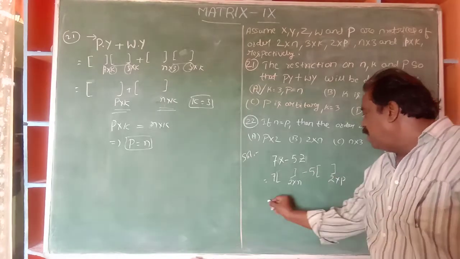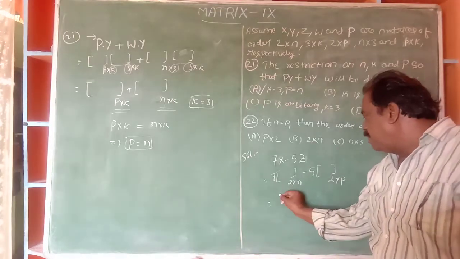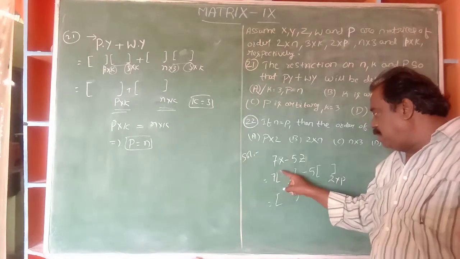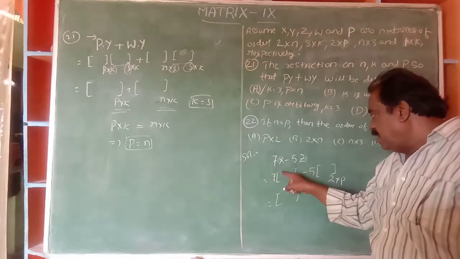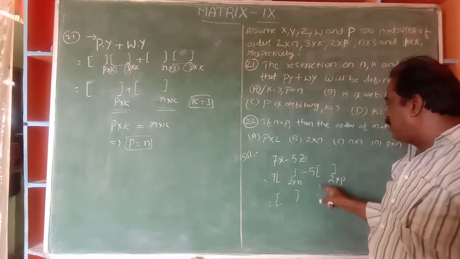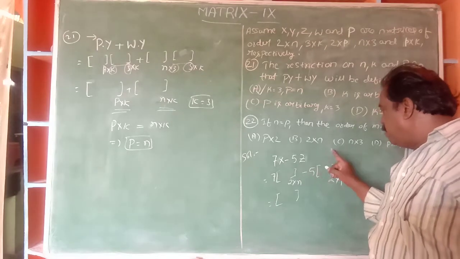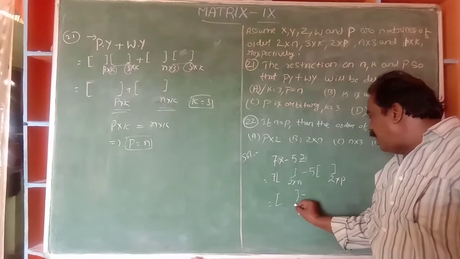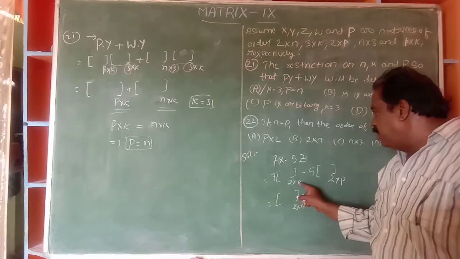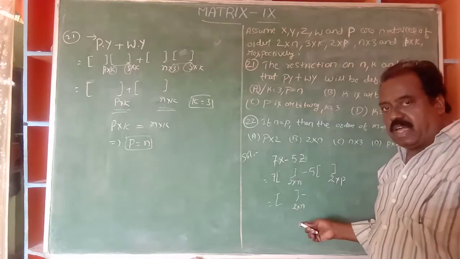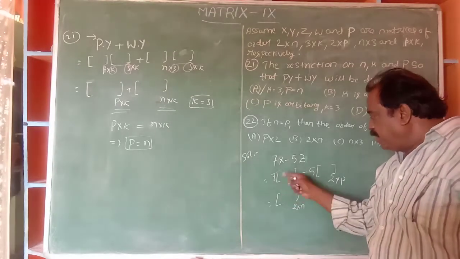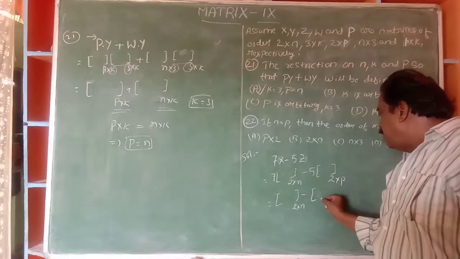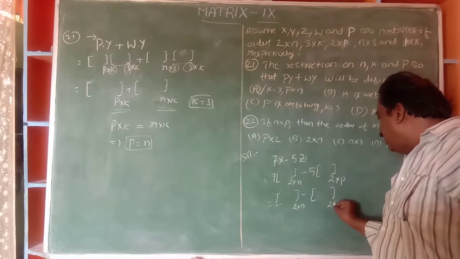This means 7 is multiplied with each and every element of the first matrix x, and 5 is multiplied with each and every element of the z matrix. So again we get the same 2 by n only. The order will not change, but each element is 7 times as large. Here also it is 2 by p.